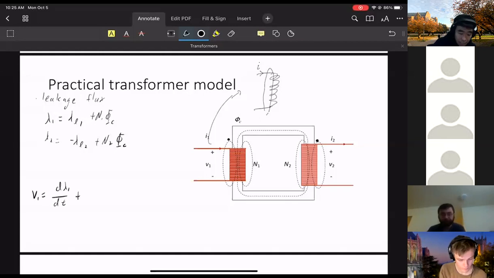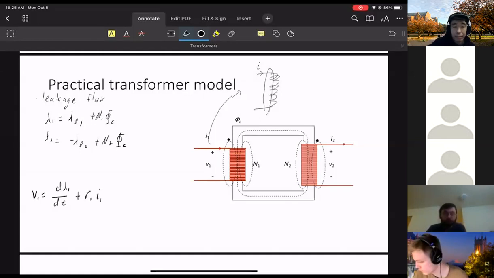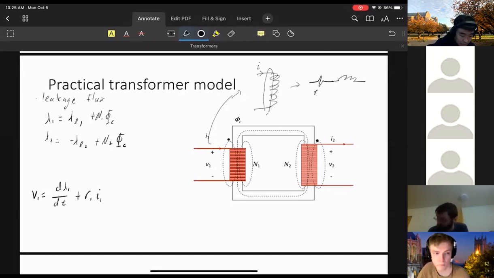Plus whatever resistance I have on the wire, right? Because if you look at my wire in the winding, the wire is not a perfect conductor. So what this will look like is some resistance plus some inductor to me. So this is R1. R1 means whatever resistance I have on my wire.